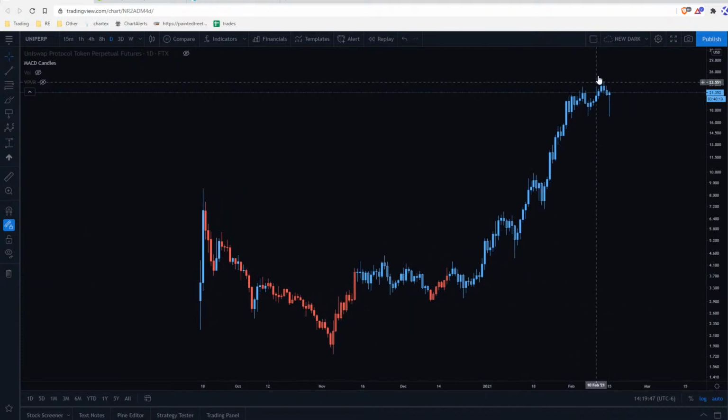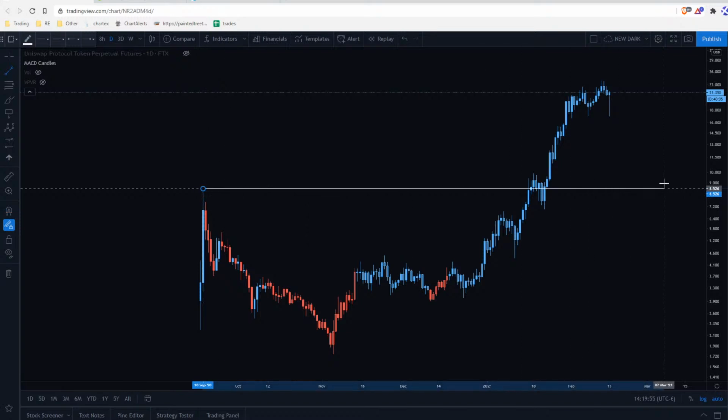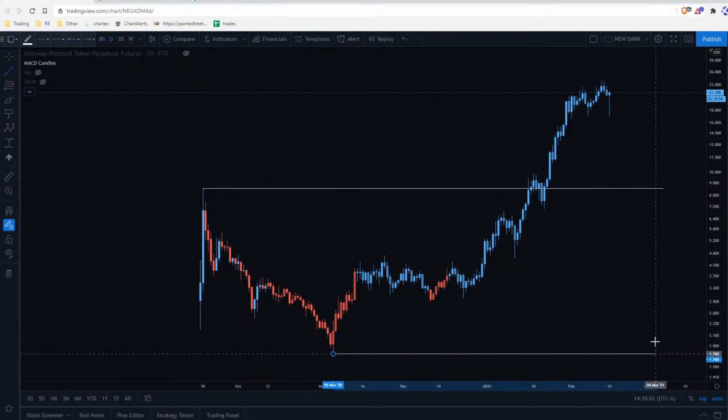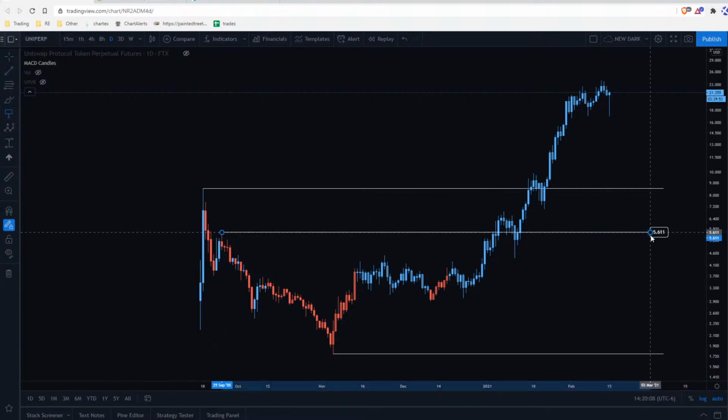This looks a lot like the DeFi perp on FTX. So you had the all-time high here. Really a range low kind of in here. With this being our accumulation range.